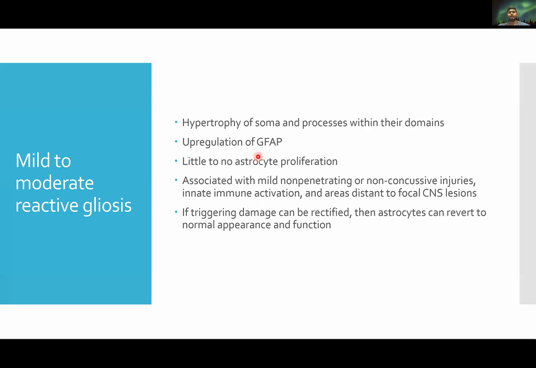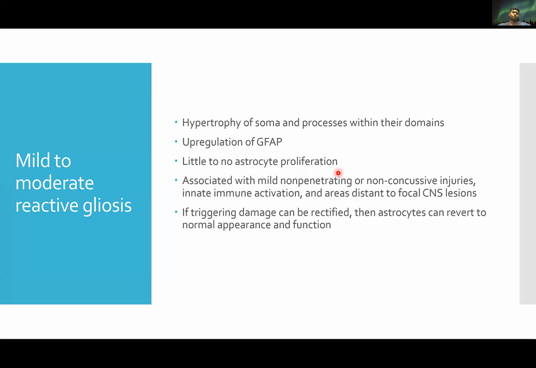So in past literature, in the very early papers, people said that in mild to moderate reactive gliosis there was astrocytic proliferation, but that's only because GFAP was expressed in other glial cells. So it seemed like there was an increase in astrocytes when there really wasn't. Which leads to the third point, which is that there's little to no astrocyte proliferation. And I'll show you guys pictures in a minute, which can really cement this idea.